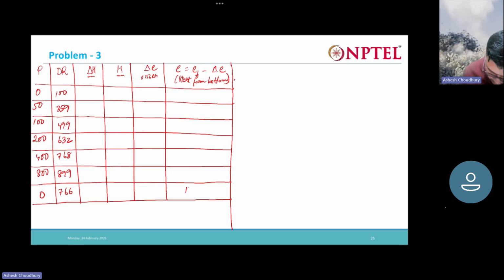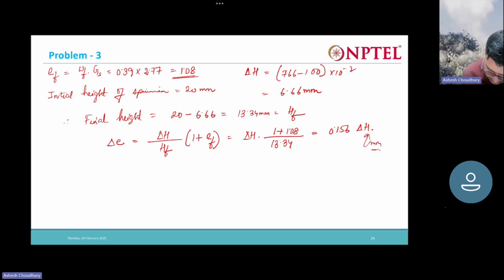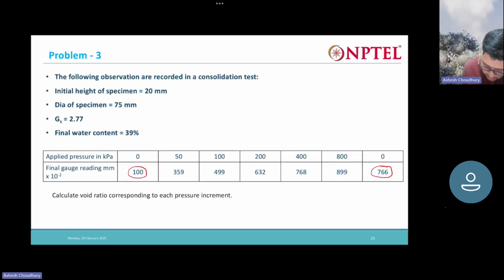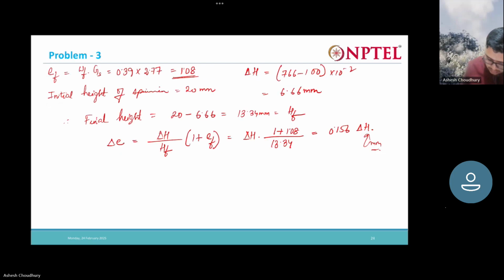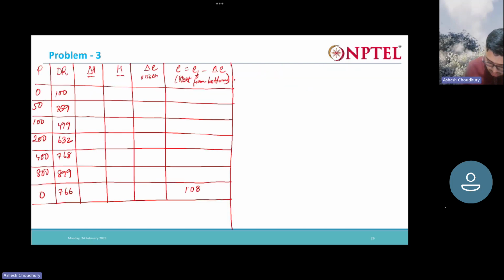I already calculated 1.08, and delta e 0.156. The calculator. Yeah, just give me a second, because I am also doing it with you. It's not solved.